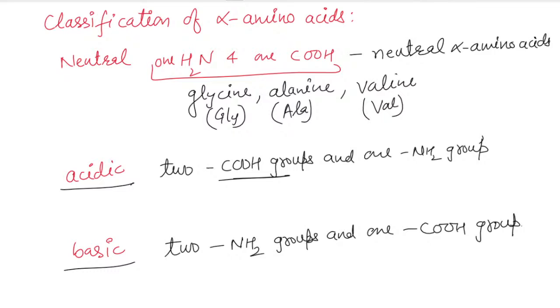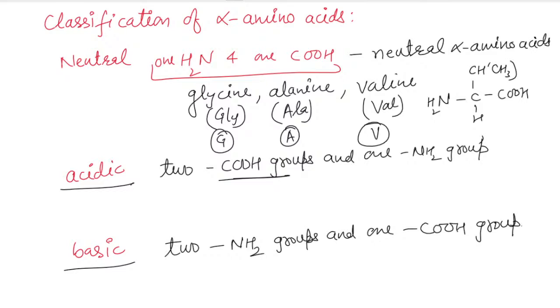Okay, one letter code is GAV. In this case it is like this, NH2. See, this part is same for all of them, NH2, H and COH in most of the cases, and here if it is isopropyl group, then that is called valine.